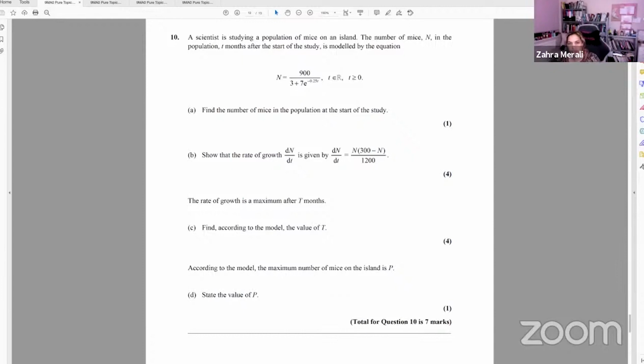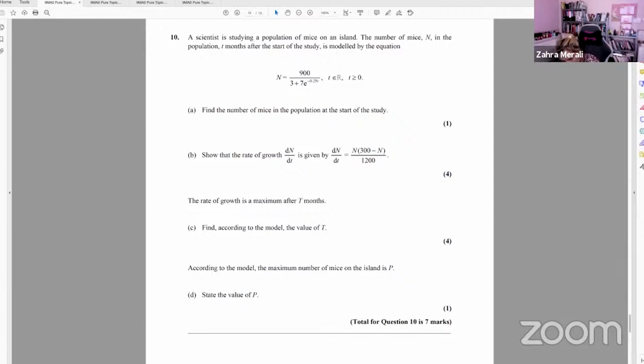Okay, so the maximum is given when dn over dt equals 0, which we can see is either n equals 0 or n equals 300.